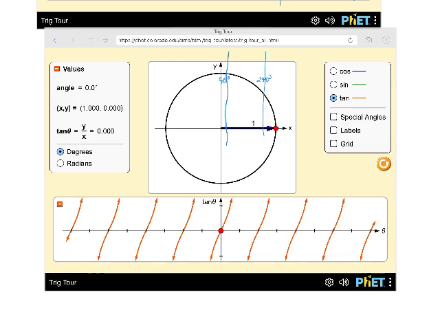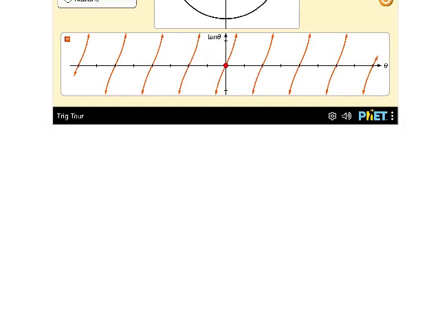Okay, so what I would like you to do now is read in your book, section 3.7.